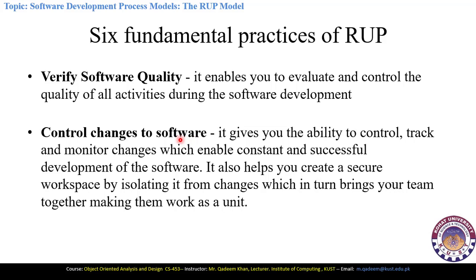So it gives us the ability to control, track and monitor the changes, which enables the constant and successful development of the software. It gives us a secure workspace by isolating it from the changes. In turn, it brings our teams together, making them work as a unit. So the rational unified process model helps the team to become one big team, and that will help to develop the software as a unit.